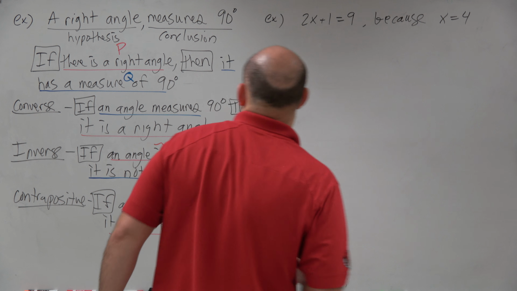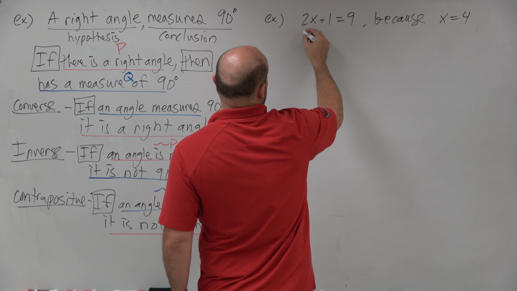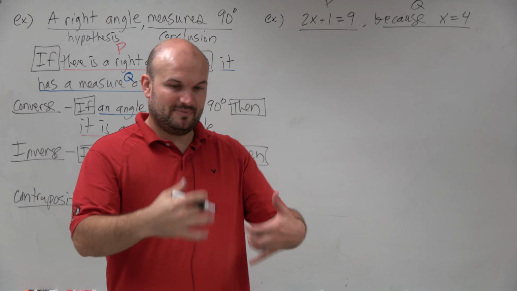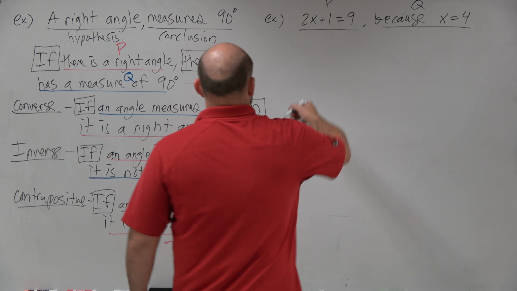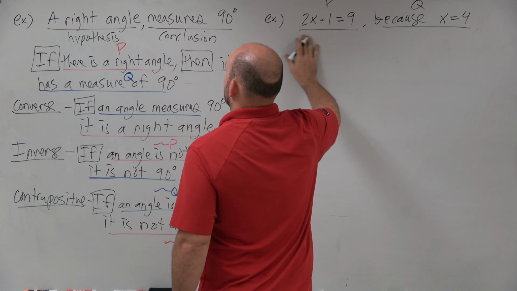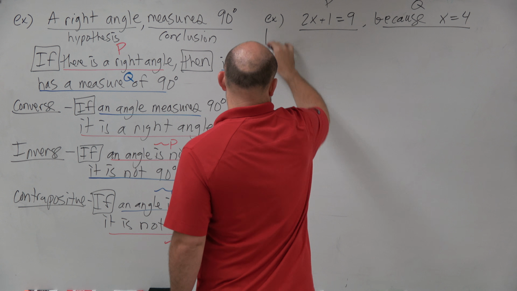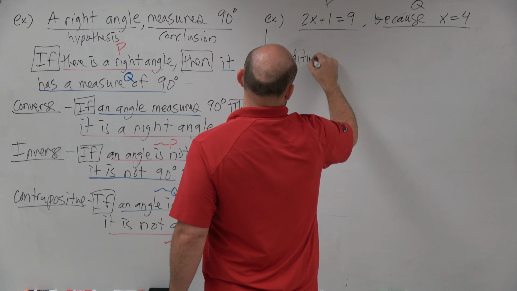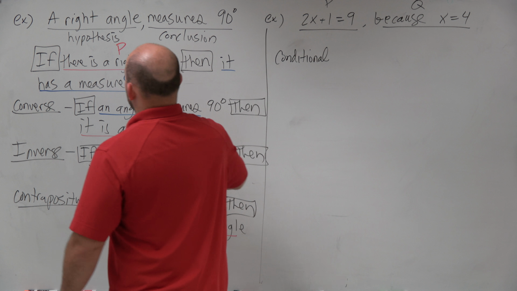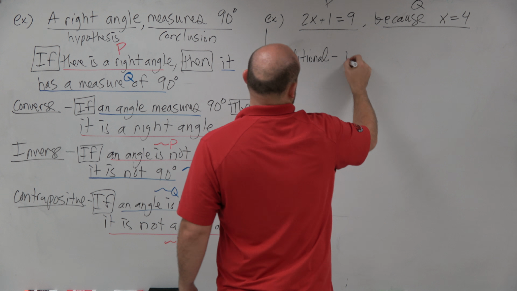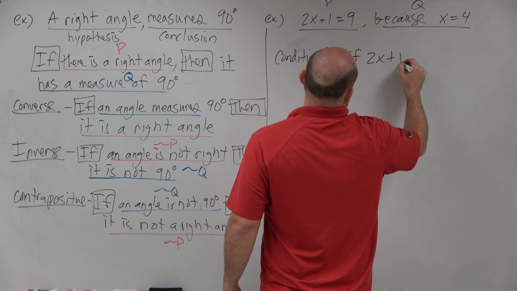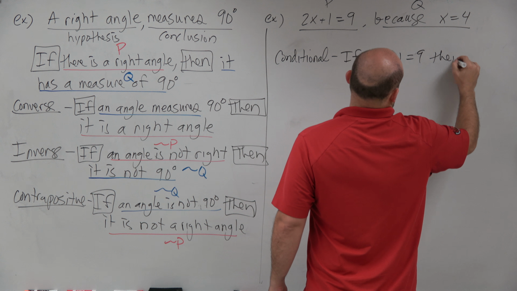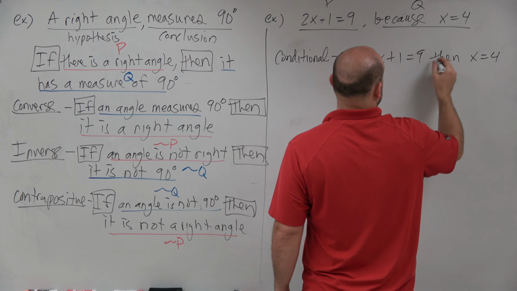So for this one, if I want to write the conditional statement, again, here's my P, and here's my Q. If P, then Q. So let's write this as a conditional statement. Conditional: if 2x plus 1 is equal to 9, then x equals 4.